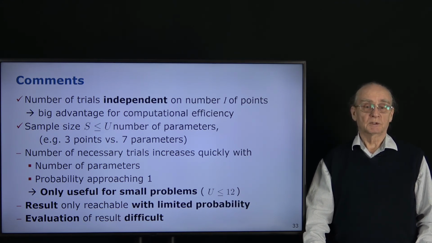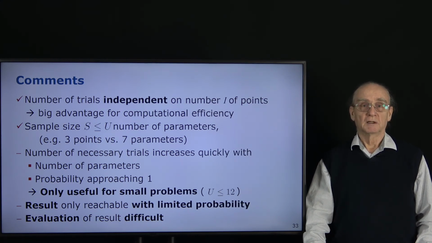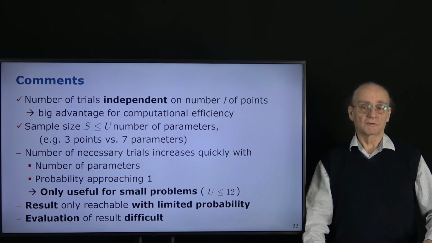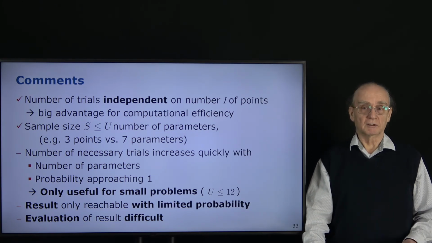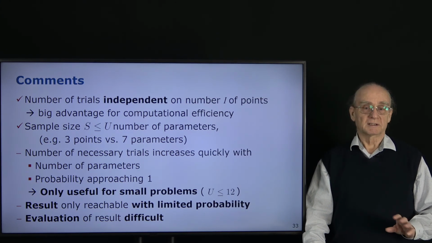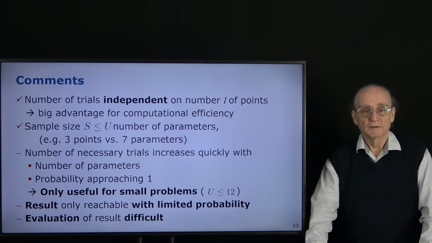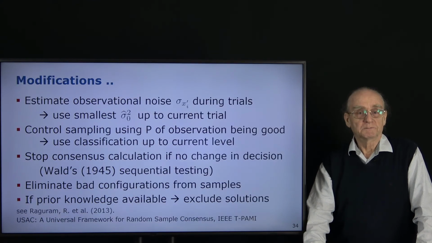And if you ask what is the quality of the result, it's very difficult to evaluate, because it's a mixture of this estimation of the line, which is fine, or the similarity, but also the number of outliers and the distribution of the outliers. So it's very difficult to evaluate the result in a rigorous way. So there's no theory for the evaluation for the RANSAC procedure.